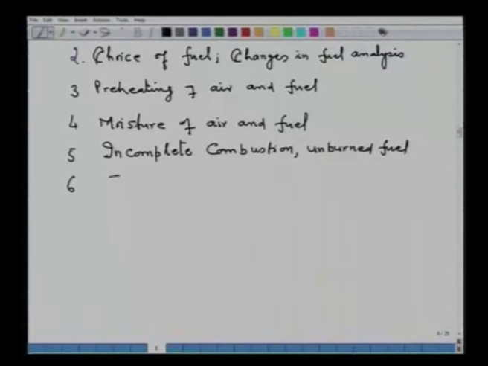Sixth, flue gas temperature. Now, just I will summarize this flue gas temperature, because I have said at many points that higher is the flue gas temperature, more heat will be carried away by the POC, because the heat carried away by the POC is not available to you.